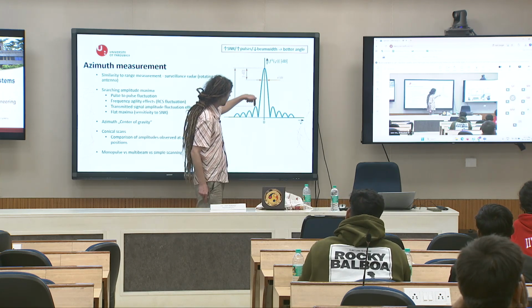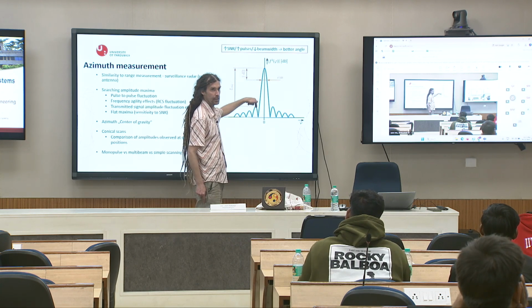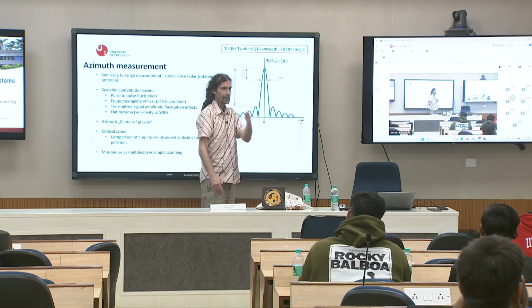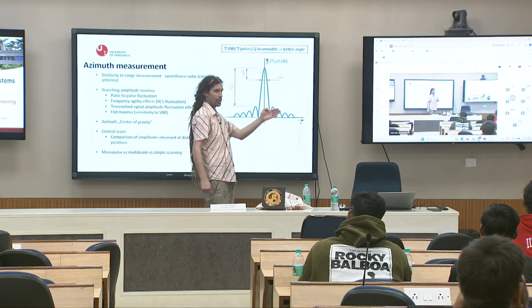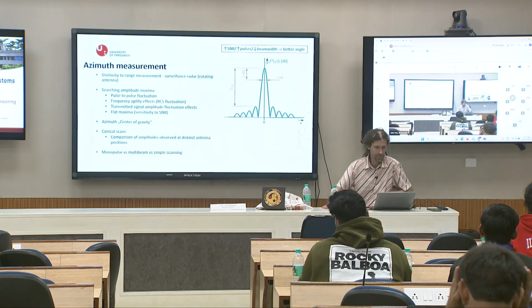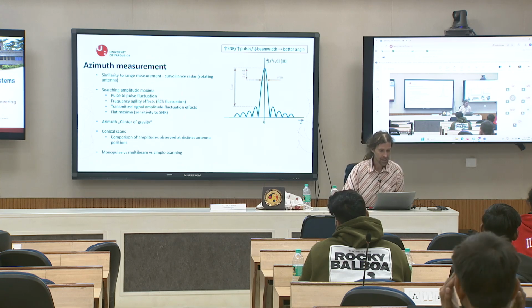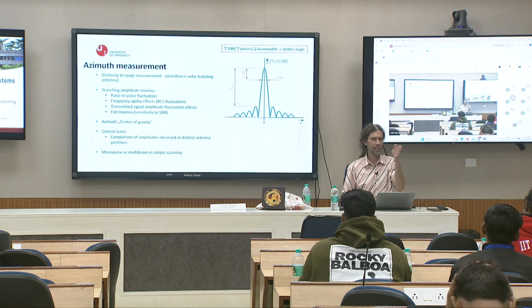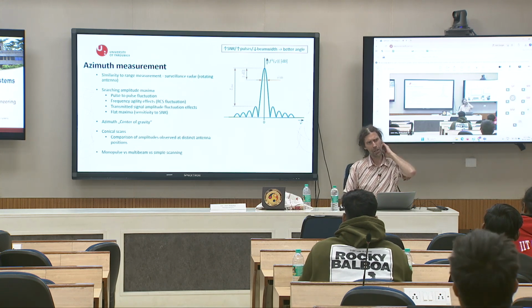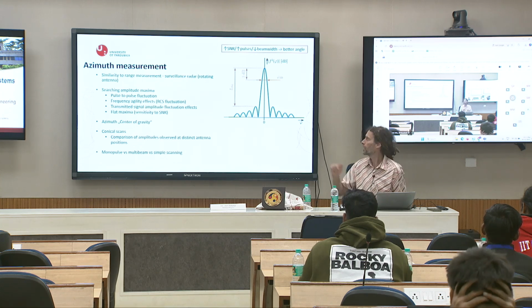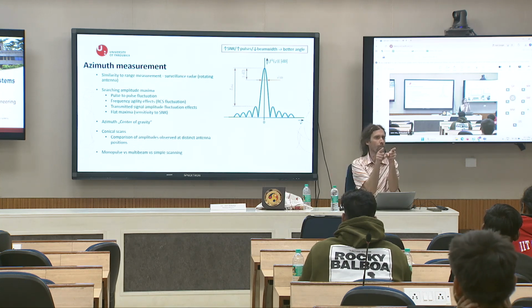Because I can detect a target by this, but this is a different angle, so I get the wrong azimuth. So we do not care about the maximum. Why? Because the maximum can slightly move. It depends on many things. So we care about the 3 dB width of the main lobe.